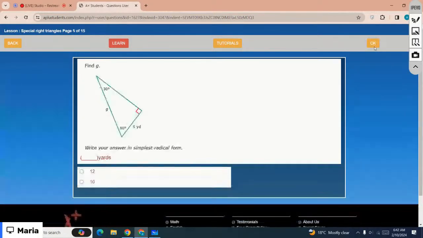Okay, the next one is find G. G is the hypotenuse, so which is the correct option?